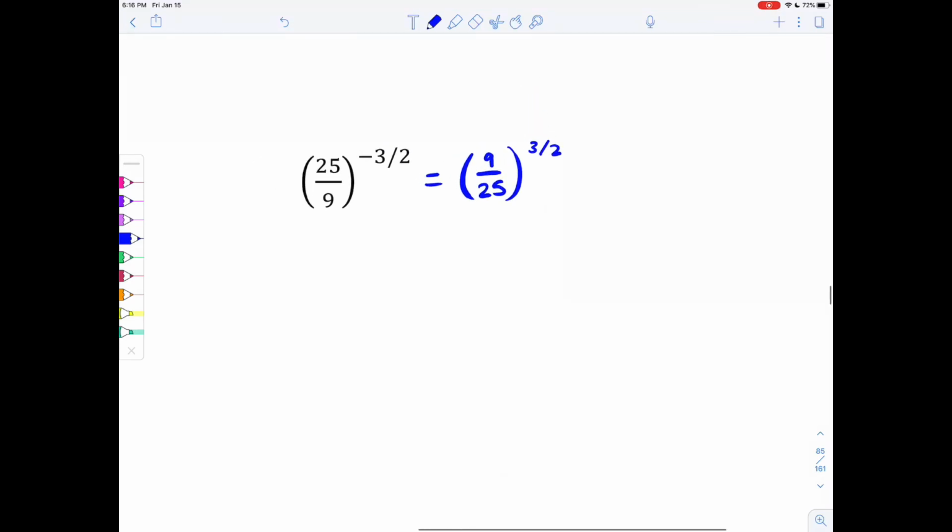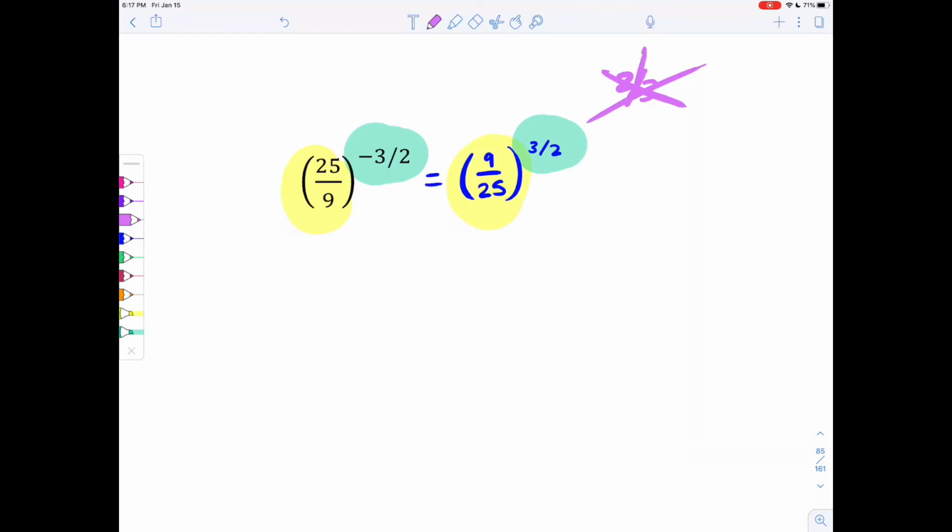One really crucial thing is I am taking the reciprocal of my base. I am not taking the reciprocal of my exponent. That is like a huge math no-no. So all my exponent is doing is going from negative to positive. It is not going to 2/3.